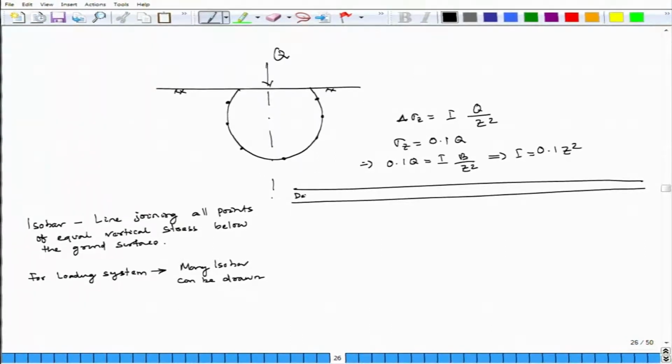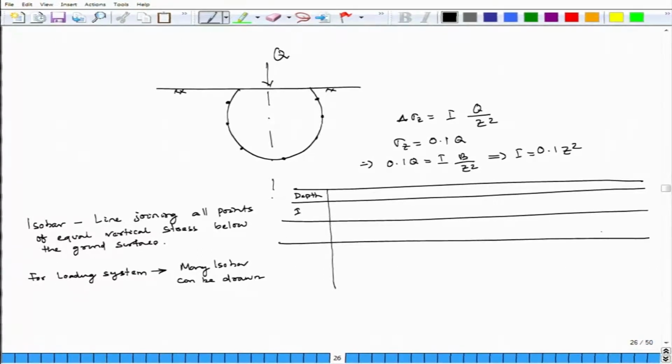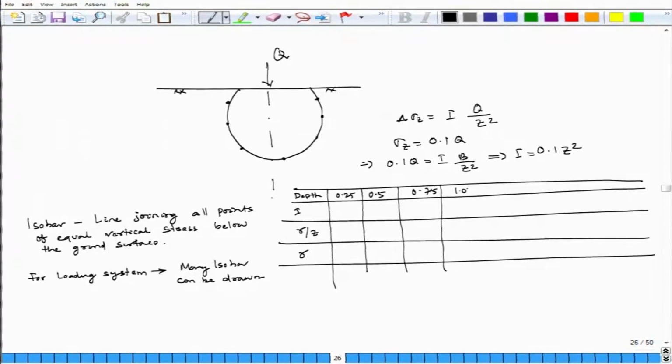Now, consider this. This is your depth, this is your IB or I, this is your R by Z, this is your R. So, for depth, put it 0.25. I am just calculating very few, you can calculate and you can see the books. Then this is your 0.5 and this is your 0.75 and this is your 1.0.